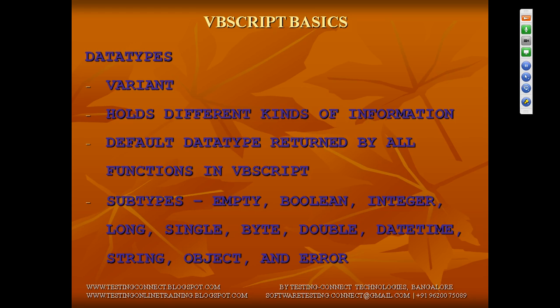Then integer, long, single, byte, double, date, date and time, string, object, error. These are the different subtypes you come across in variant. Normally in VBScript you may not get a chance to use all these subtypes, so just for awareness purposes try to remember them.